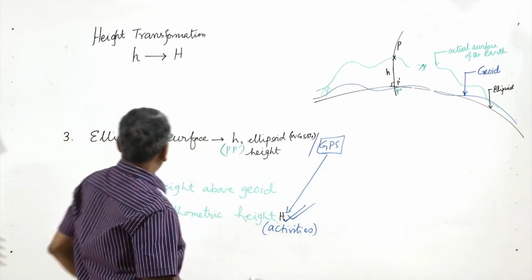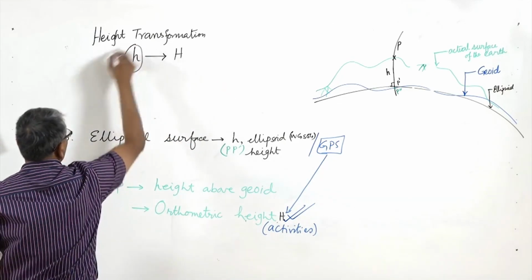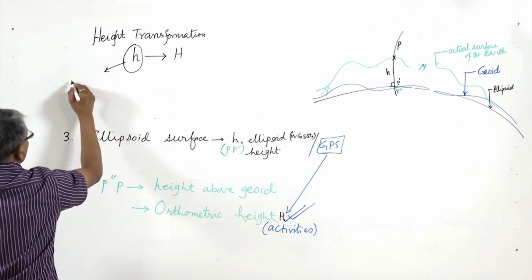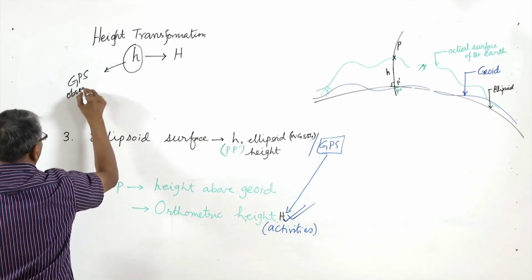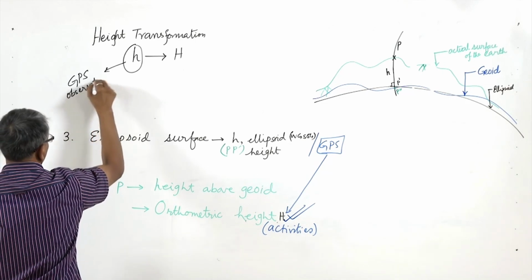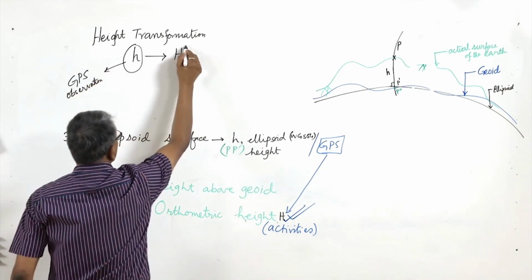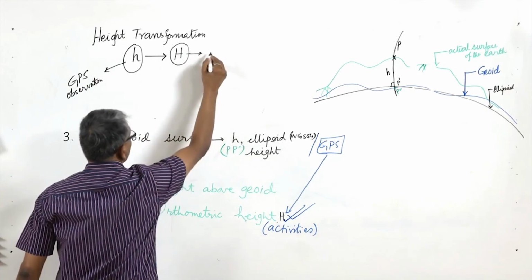This ellipsoidal height we get from GPS observation, and this orthometric height we want to find out.